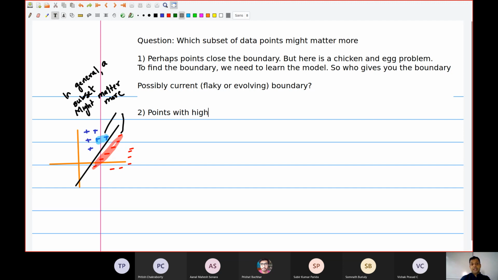points with high gradient. Very interesting. Again, all this will have the same issue. The question is, what is less flaky? Points with high gradient, with the understanding that when you say high gradient, I mean high gradient magnitude.